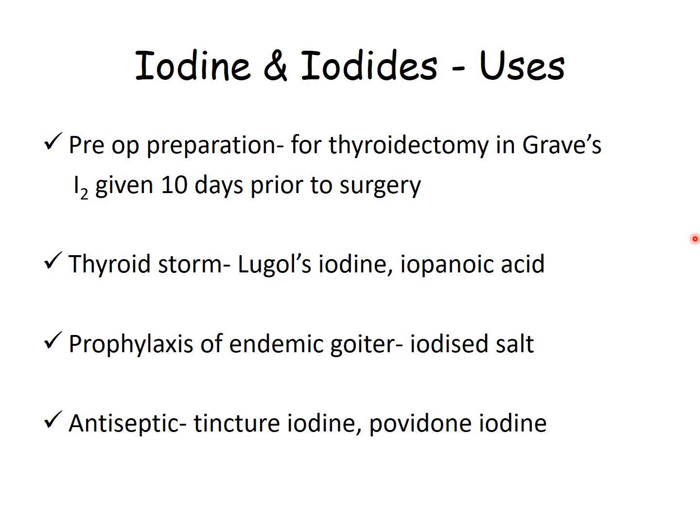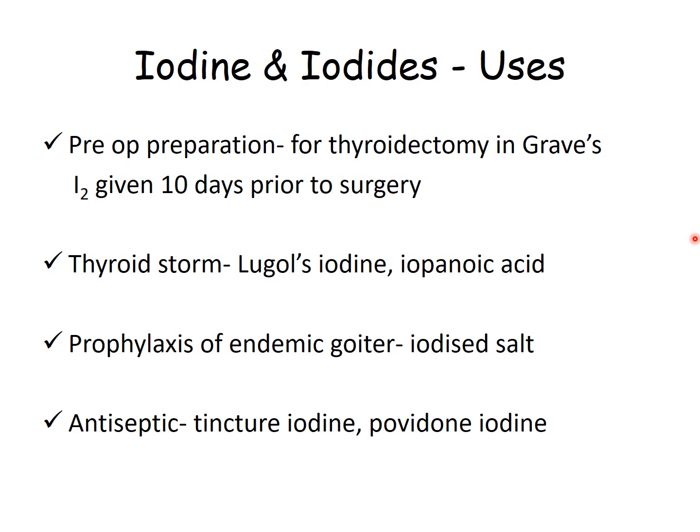Our government identified that this was due to low iodine intake, so they compulsorily made salt iodized. Now in our market, all the packeted salts available are iodized. That's due to this condition, endemic goiter, which can be reduced by giving iodized salt.